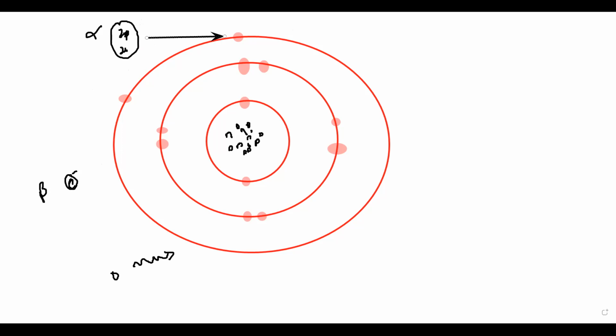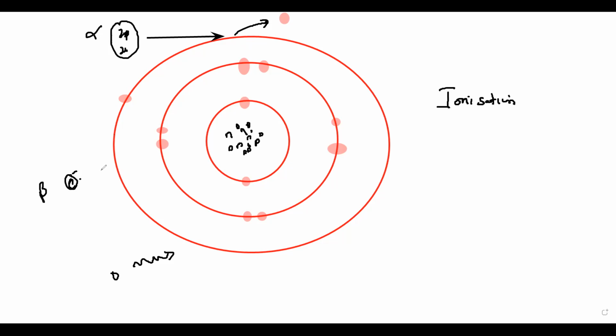It can easily knock out the electron, easily remove this electron from the atom. When it collides with the alpha particle, this electron will easily be knocked out. So this capability of the radiation to knock out an electron from an atom is known as ionization. So ionization is basically the removal of an electron from an atom.